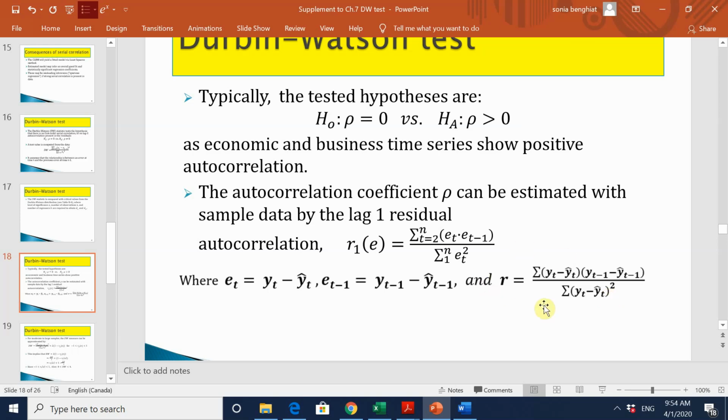This is just a little recap on what the correlation coefficient formula is. Okay, let's continue on.